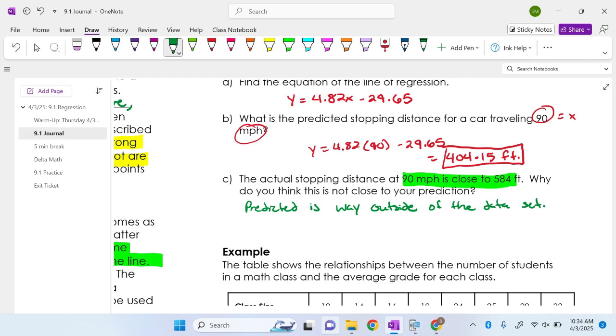It's way outside what we're actually looking at. This situation is called extrapolation.